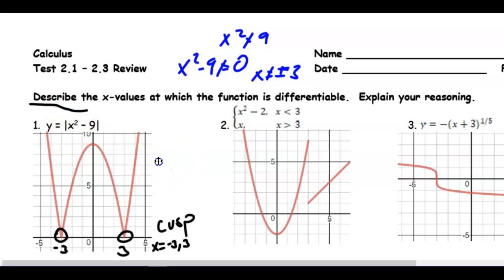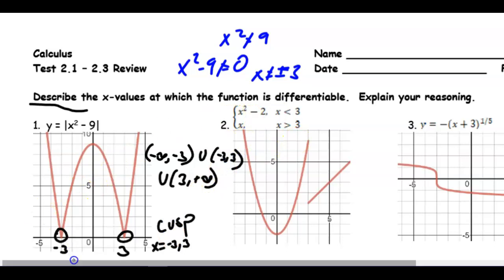So where is this not differentiable then? We're going to say negative infinity to negative 3, and then between negative 3 to 3, and then union 3 to positive infinity, like that.